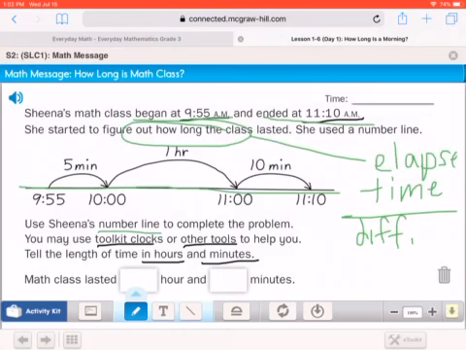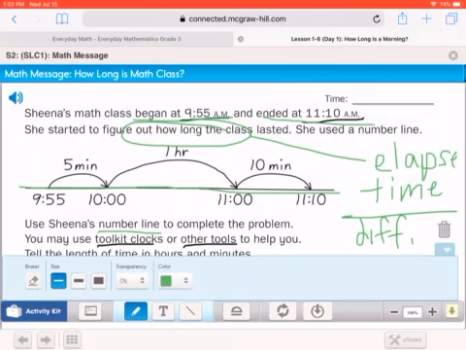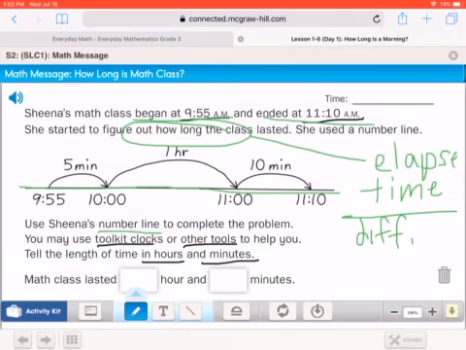Okay? How did she start? Okay, she started by drawing a line, of course, and she marks the starting time here. I'm going to change my color again. She marks the starting time here at 9:55.